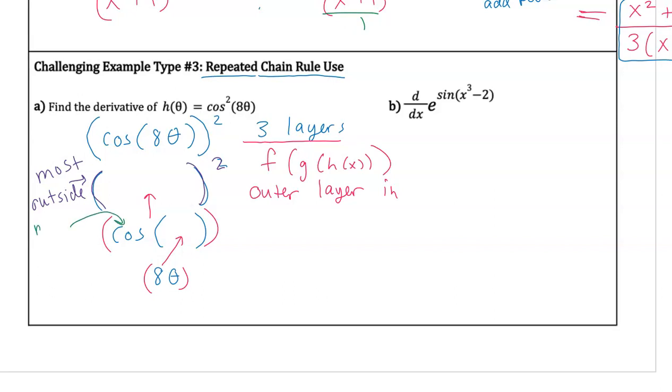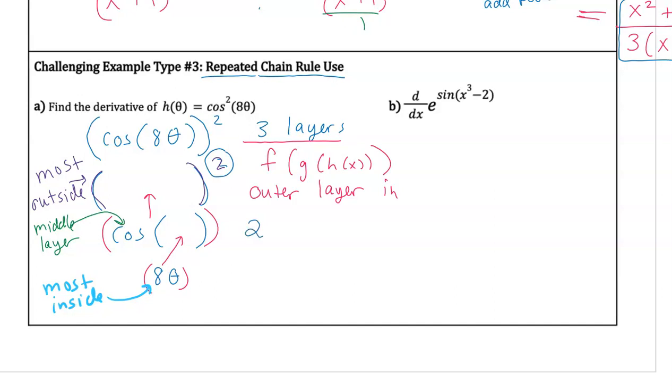This is like the middle child. So don't ignore it, right? Middle childs get cranky when you ignore them. And then we have our inmost layer. Now let's see, what color should I use for that? Light blue. So that was our most inside, or the baby of the family. Okay, so we're going to start by taking the derivative of the most outside layer, which was a power rule.